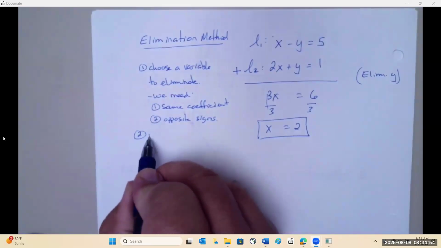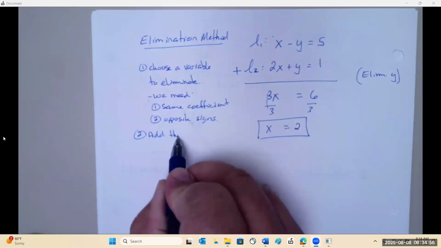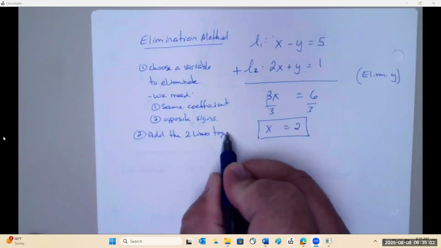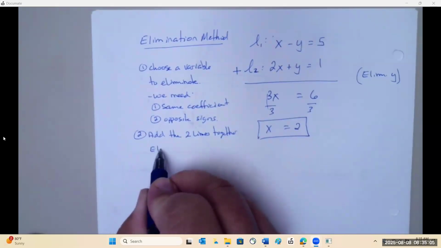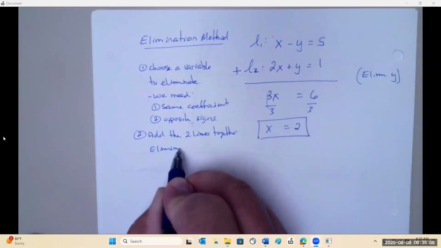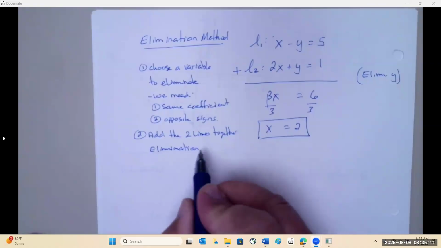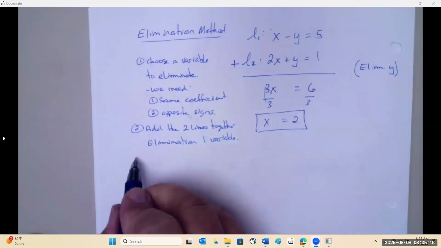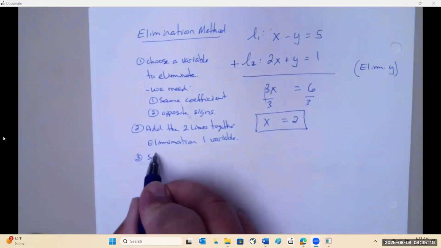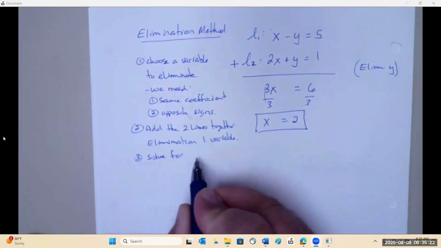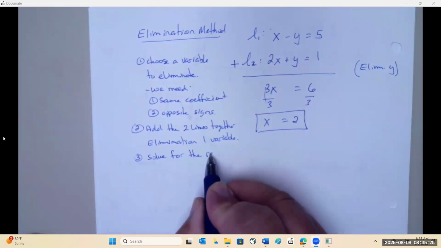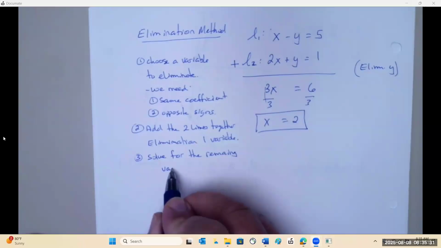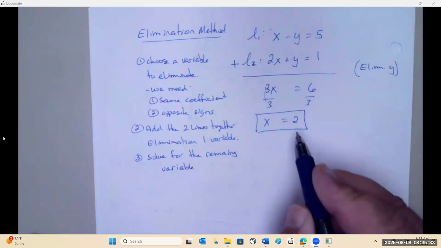So the second step, we add the two lines together, eliminating one variable. Then solve for the remaining variable, which we just did.